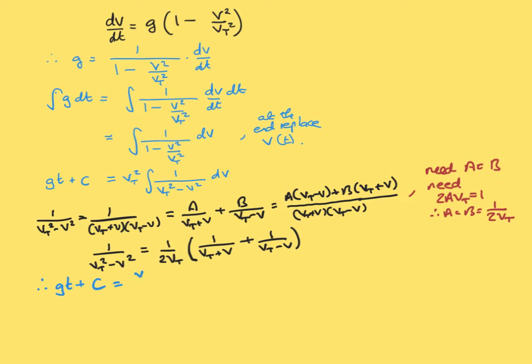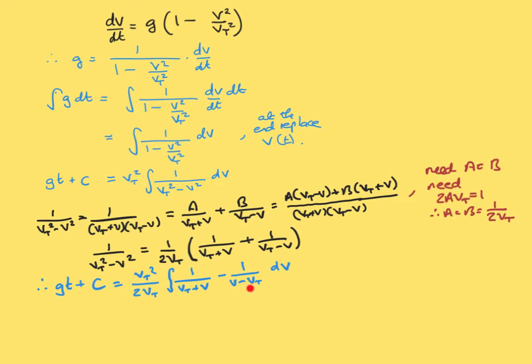So we're going to have vt squared divided by 2 vt, so we can see that one of the powers of vt squared will cancel with this, times the integral of 1 over vt plus v, and then we've got plus 1 over vt minus v, but that minus sign here is something which we might stumble on. So what I'm going to do is just rewrite it immediately as minus 1 over v minus vt. And this is all integrated with respect to v.